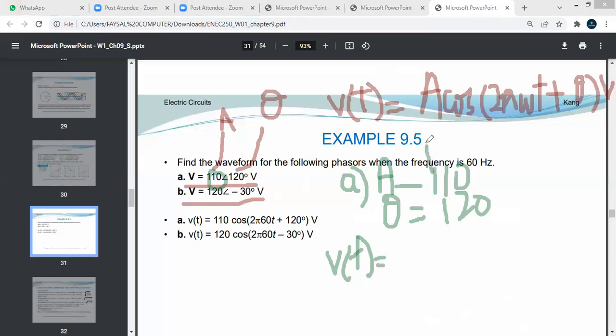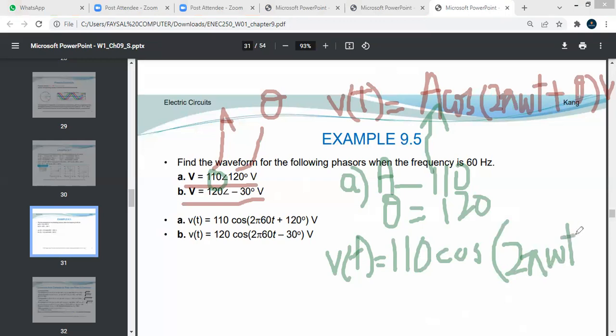Now A value is 110, so putting here, it will be 110 cos 2 pi omega t plus theta. So theta will be 120 degree, with the value V. So this is the solution of part number A.